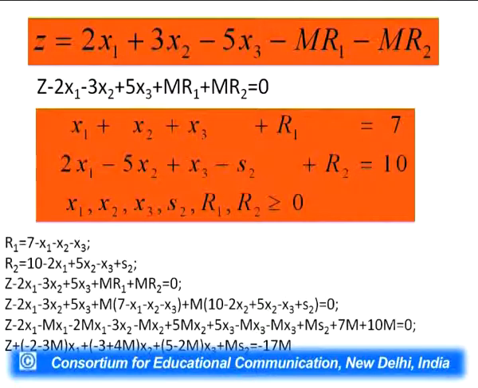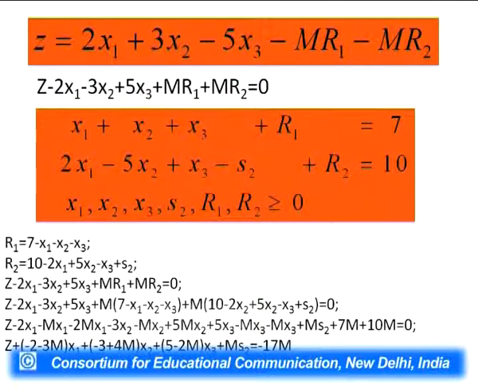So, r2 in that case will be 10 minus 2x1 plus 5x2 minus x3 plus s2. So, now we have the value for R1 and the value for R2, and we will put these values in the equation giving us the objective function, the converted second equation.